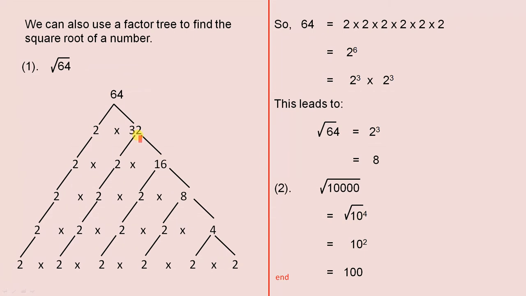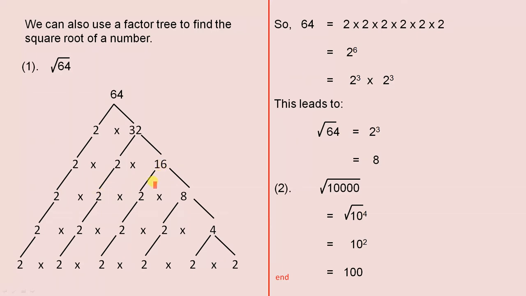Now two numbers multiplied together to give us 32 will be 2 times 16. 2 times 16 equals 32. Now the idea of factor trees was introduced in an earlier lesson, so we can always go back and check that. Now we put that 2 there, so they're the branches.